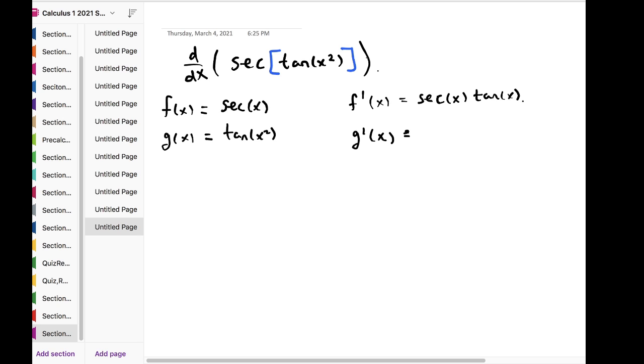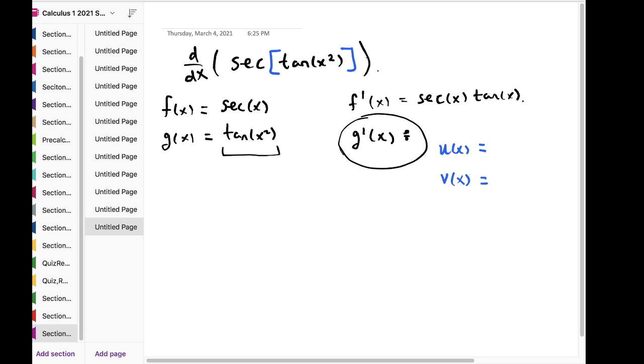Yeah, so now to find the derivative of tangent of x squared, I need to do more. Let's let u of x be the f, and v of x be the g. So for tangent of x squared, which is u and which is v? You see one of my functions in my chain was a composition itself. My first function is tangent. My second function is x squared.